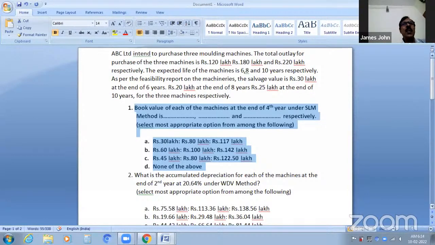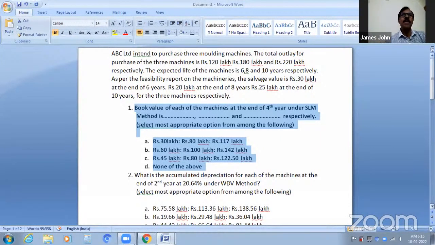So the third you can calculate. It's pure arithmetic. You calculate per year depreciation, and for 4 years, into 4. That is the aggregate depreciation. Then from the book value you subtract that aggregate depreciation. That will be the answer.